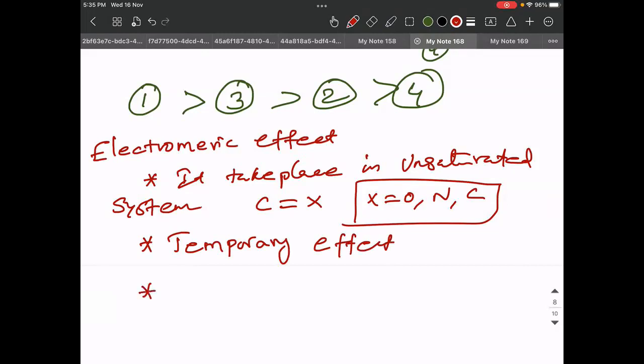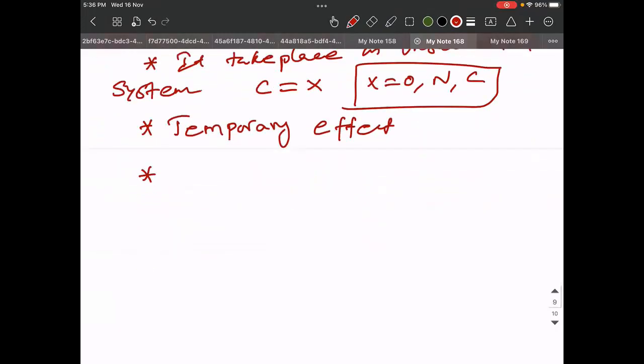Then we can classify it into two types. One is plus E effect, another is minus E effect. How do we say this? We have carbon and X. How does the shared pair of electrons go?